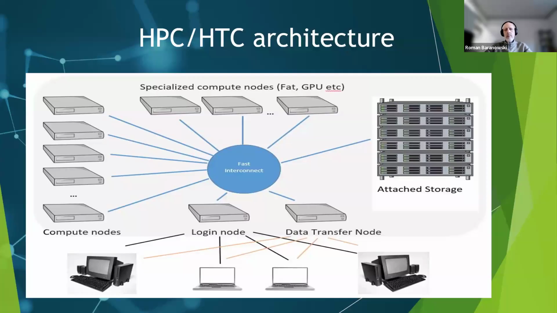There is a substantial amount of storage connected to this. There are specialized nodes for data transfer, which are tuned for network connectivity and throughput whenever you are uploading or moving data around for further analysis or storage. And of course, there are login nodes, where you log in and start to interact with the system.